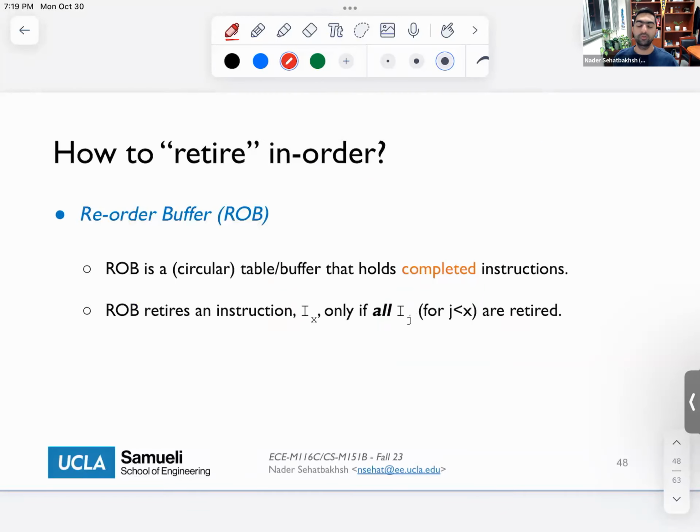Okay, and in order to achieve this, this is what we are proposing. This is what we call a reorder buffer, or ROB. So the reorder buffer is basically this buffer, this table that holds the completed instructions. And it has a pointer, so that it retires an instruction only if all instructions before it are already retired.